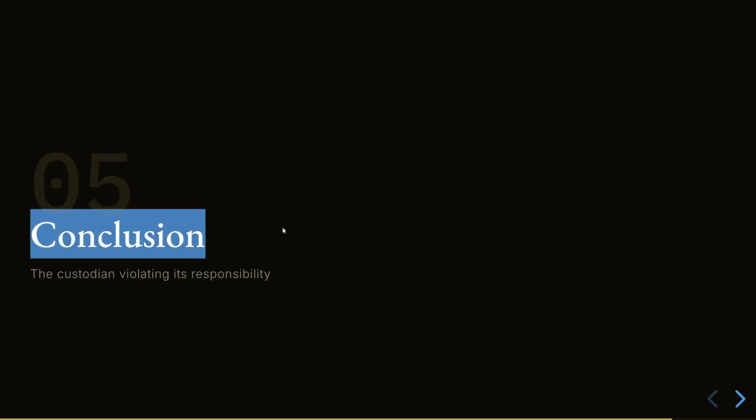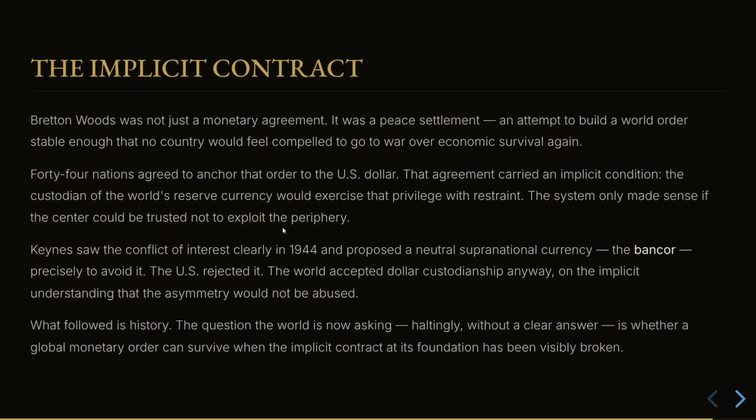So let's look at the conclusion. Bretton Woods was not just a monetary agreement; it was a peace settlement, an attempt to build a world order stable enough that no country would feel compelled to go to war over economic survival again. 44 nations agreed to anchor that order to the US dollar.